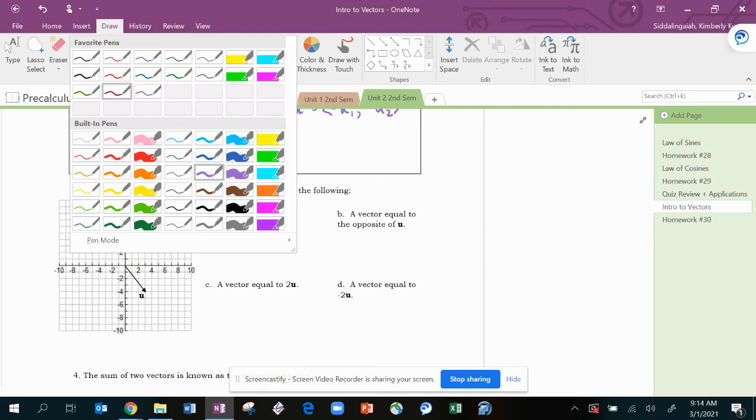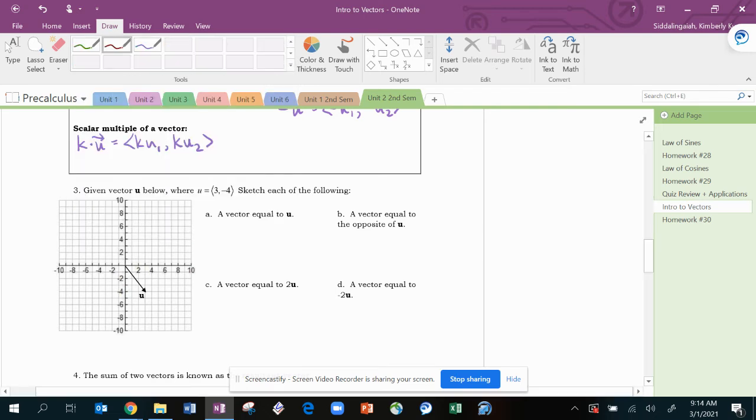Okay, so let's take a look at some visual representations, because I know that some of you are visual learners, and so having something visual is going to be helpful. So I'm going to color code. So a vector equal to u. Well, what I'm going to do is copy u, and then I'm going to lasso it, and I can put it anywhere I want.